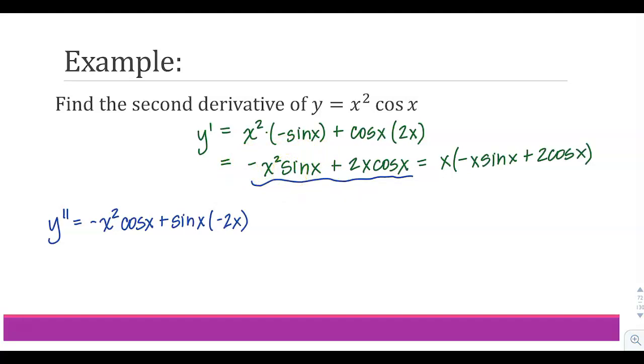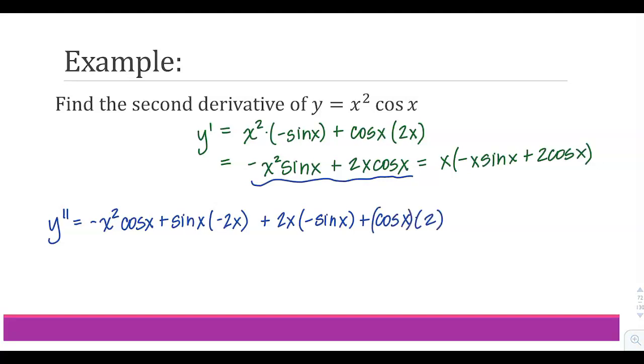And then we'll do plus, apply the product rule to this piece, the first function 2x, the derivative of cosine is negative sine, and then we have plus the second function cosine x times the derivative of the first, 2.